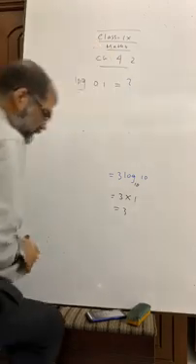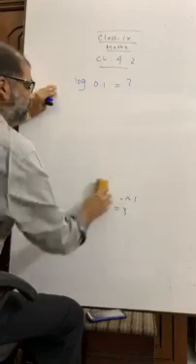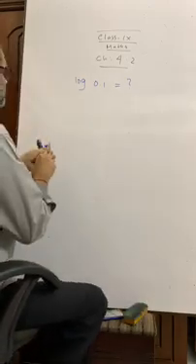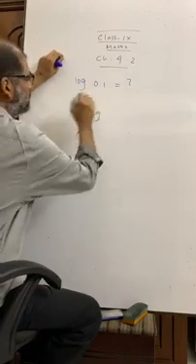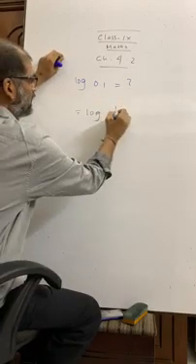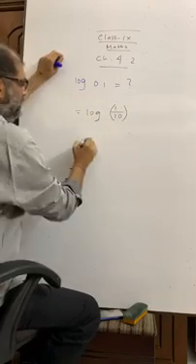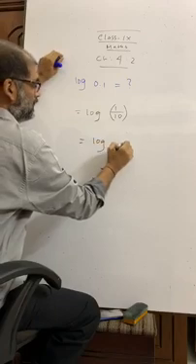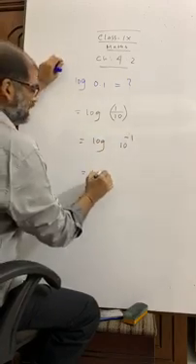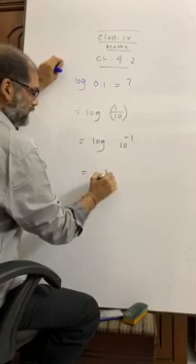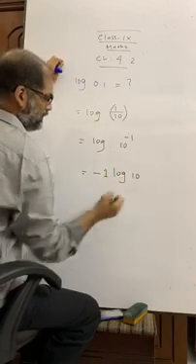Log 0.1 means 1 by 10. That means log 10 to the power minus 1. That means minus 1 log 10.